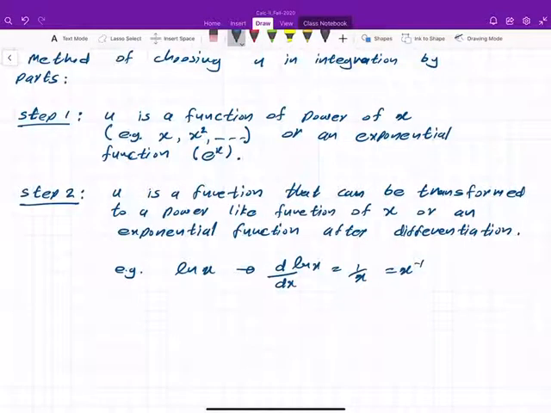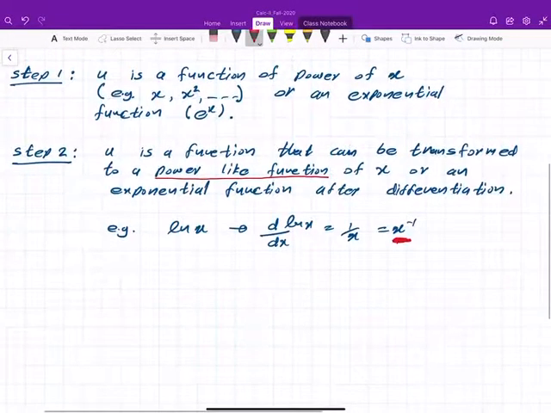So ln x falls into the category of a power-like function after differentiation. After differentiation, you will get a power-like function, because x to the power minus 1 is a power-like function. So you could take ln x as u.